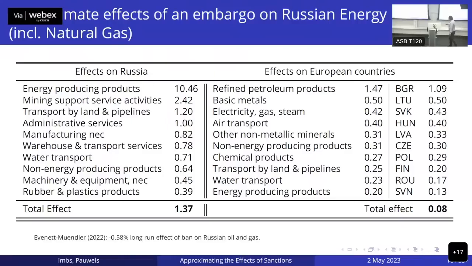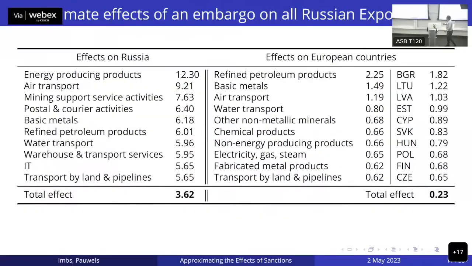How do we compare to the literature? The literature has a decrease of 0.6% of GDP for Russia. This is lower than ours, but ours is really a short-term measure, whereas this is a long-term estimation. Again, here we're looking at all exports. This is pretty much the same as before, except that the number increased quite substantially.